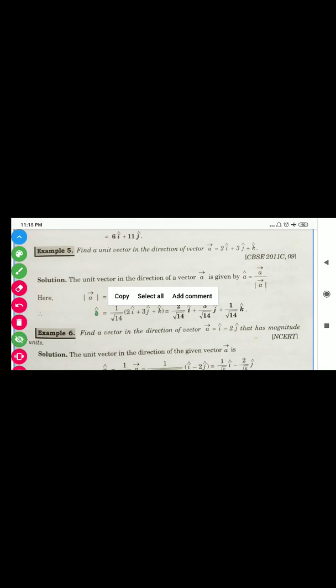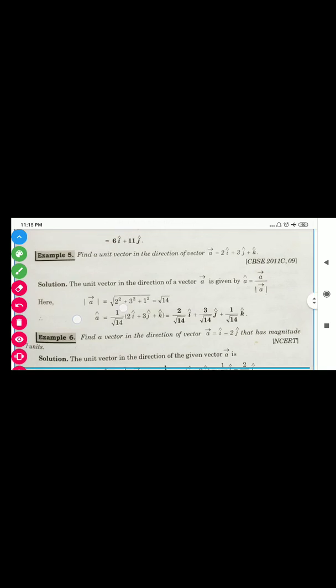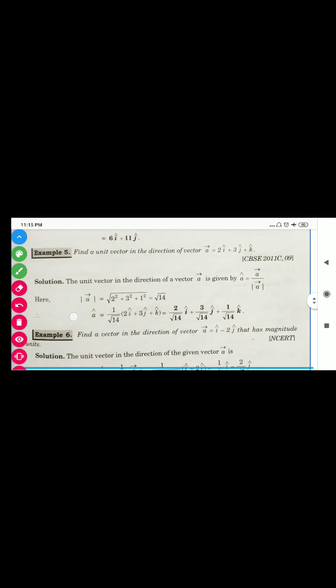So we need to calculate the magnitude of vector a, which is the square root of the sum of the squares of the components. We have root 14.